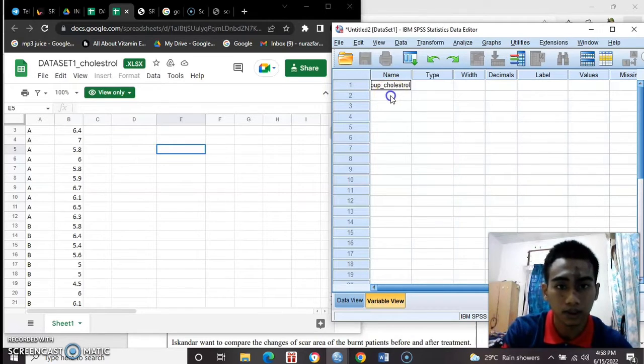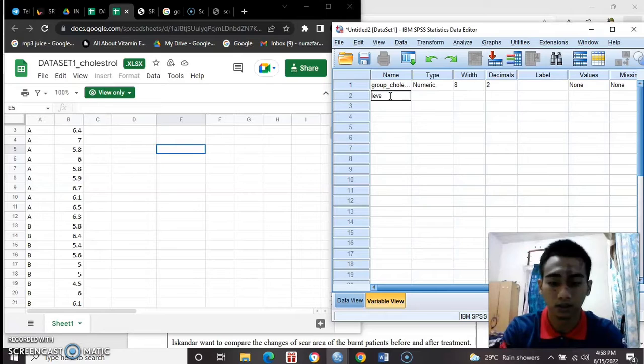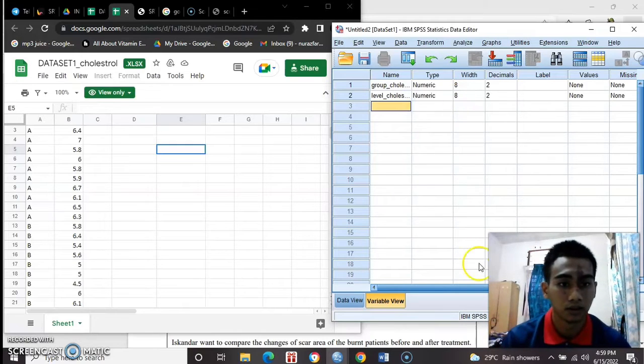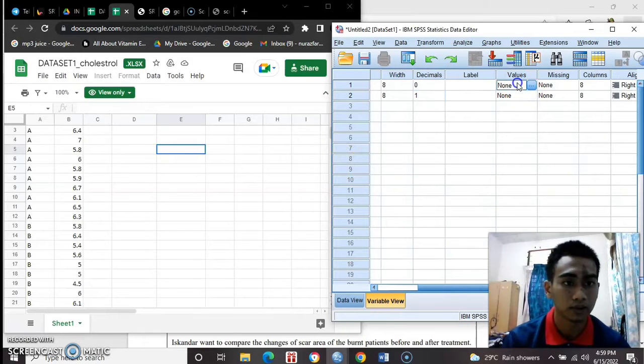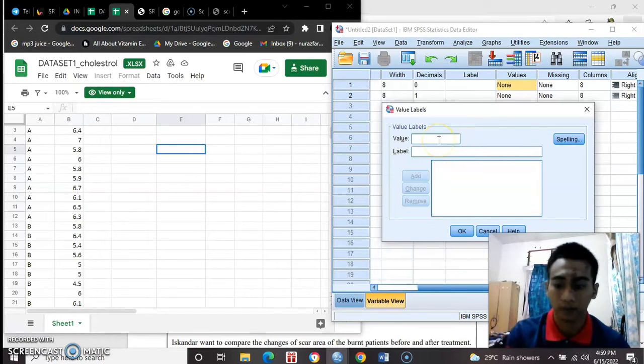Next is the level of the cholesterol. 0 decimals for the group, and for the level it is 1 because in the dataset it shows 1 decimal place. For the values for the group, we have 2. For 1 we label group A, and for 2 group B.